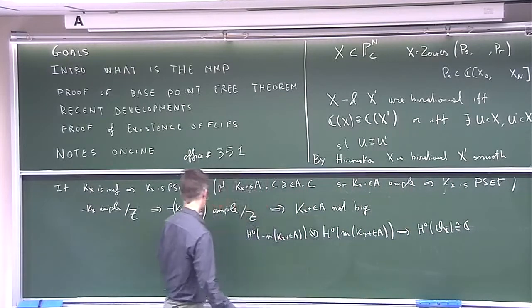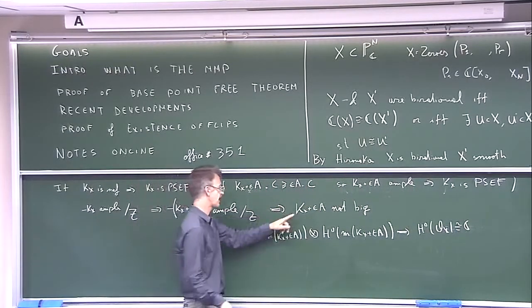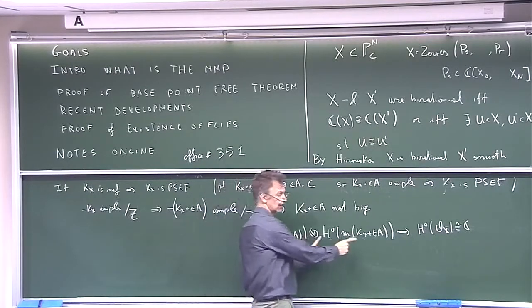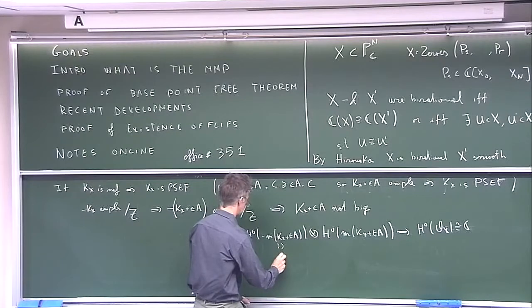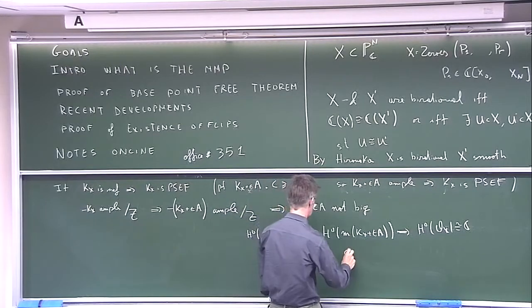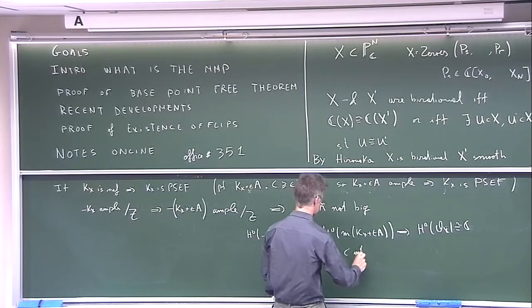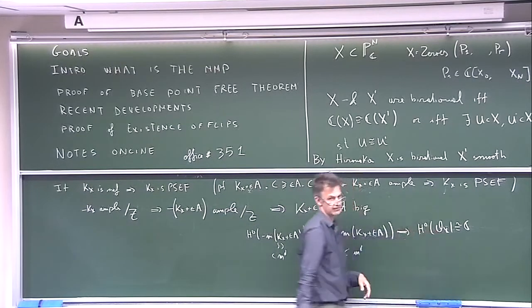But if I'm assuming that this is ample and this is big, then I have lots of sections in here and lots of sections in here. So this is approximately a constant times m to the dimension of x. This is another constant times m to the dimension of x. So we have a contradiction, right?